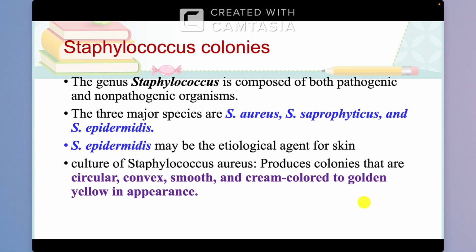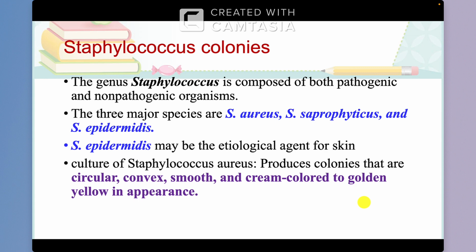The main three species are Staph aureus, Staph epidermidis, and Staph saprophyticus, and of course we have more than these, but those are the three major species.